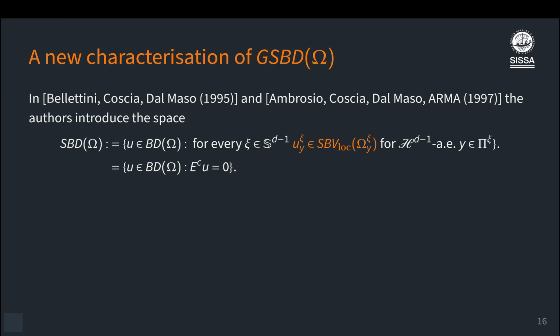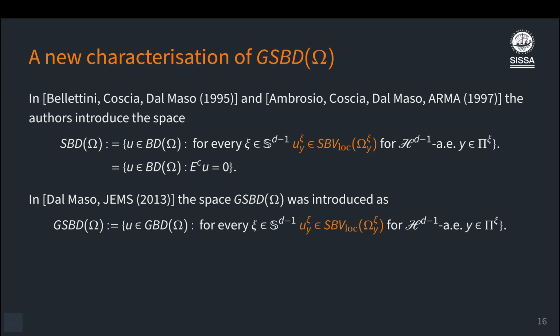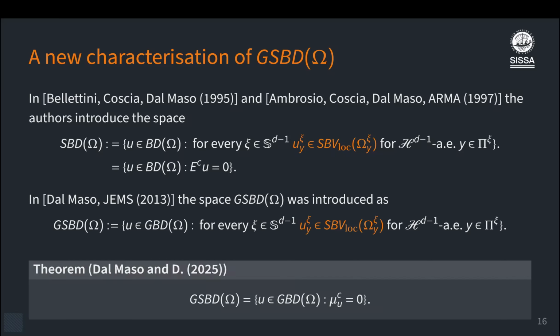And since Dal Maso in his original paper didn't have any Cantor measure for the GBD functions, he defined it by slicing as well. So GSBD is the space of GBD functions whose slices are SBD. Now we are able to complete the picture, and GSBD is the space of GBD functions whose Cantor part is 0.